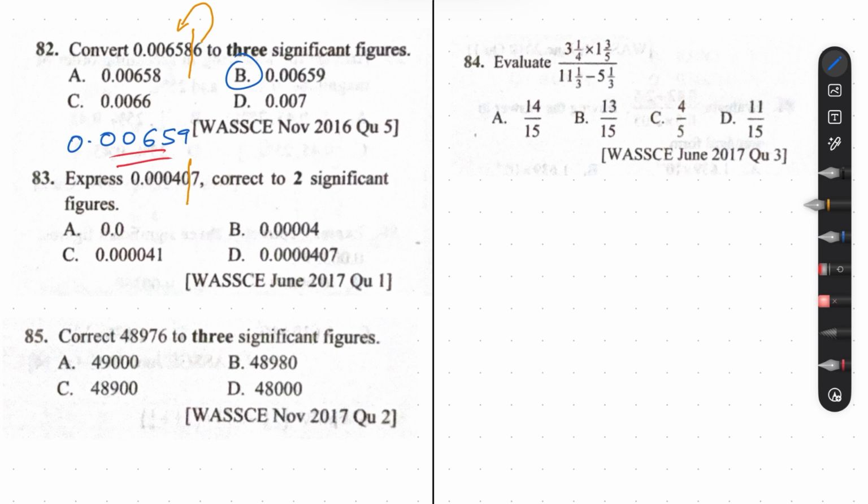Now this 7 is greater than 5, so we need to round it. Okay, if we round it, we have 0.00041, right? We have 4, 1. So that answer is supposed to be C, but then our C here has 4 zeros.